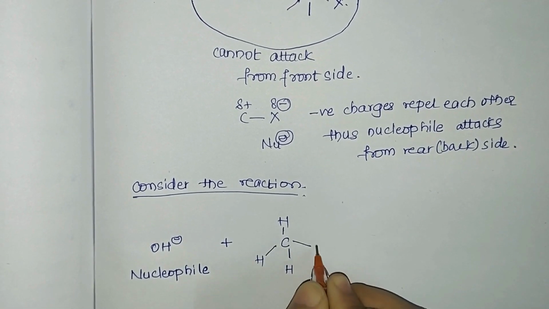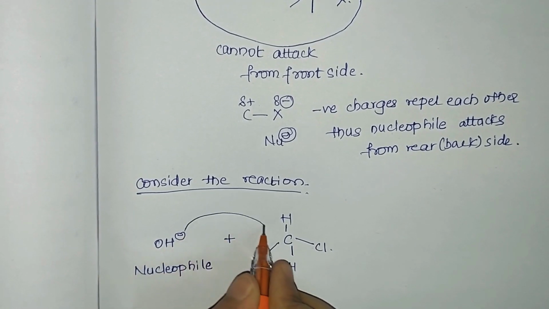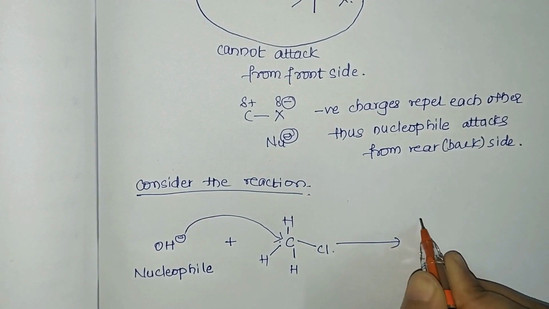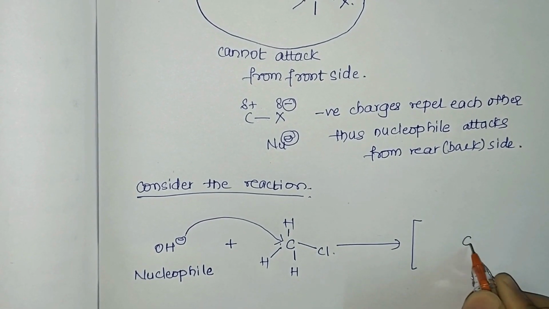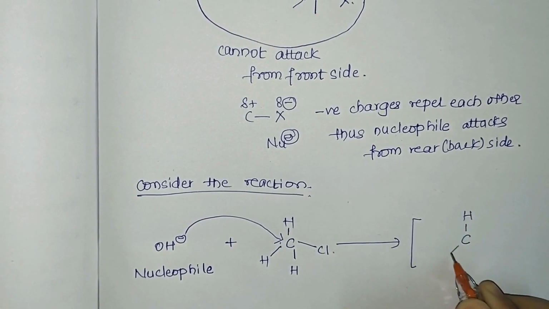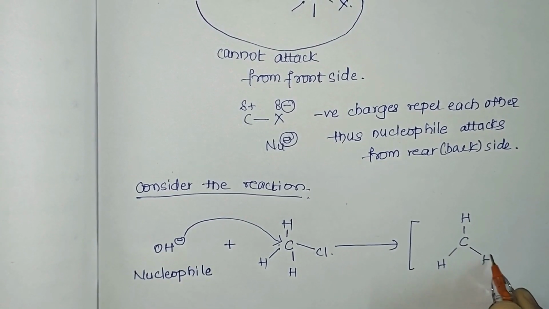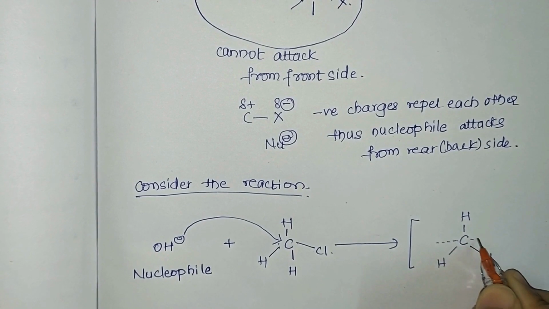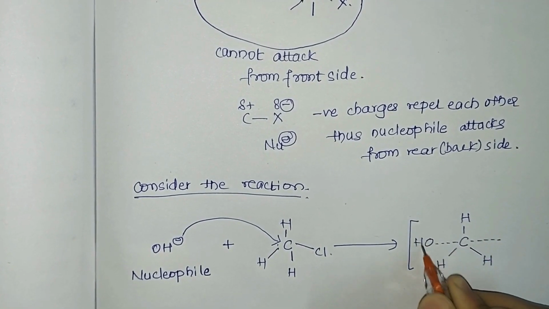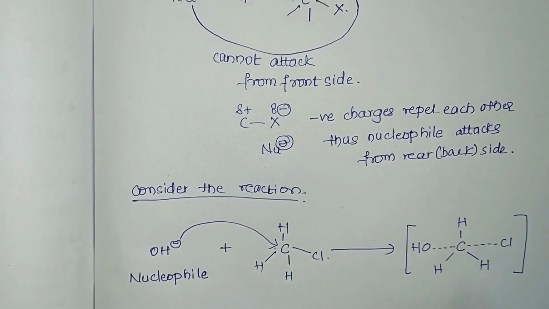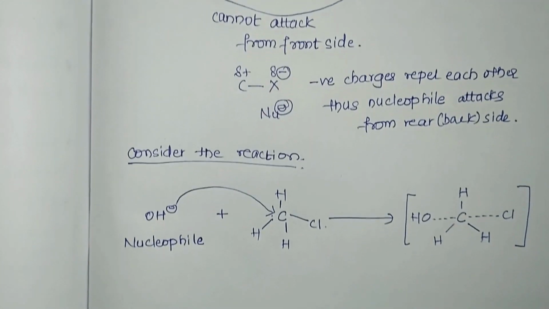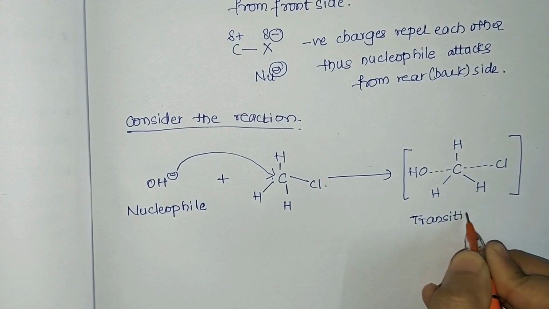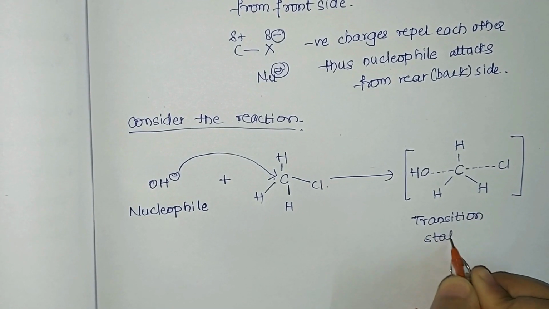I am considering a primary alkyl halide. I'll tell you the reason later. So the nucleophile attacks from the rear side, and when the nucleophile attacks, we observe that carbon attains a state which we call a transition state. That is, one nucleophile is getting attached to the carbon and the other has to leave the carbon atom. So OH is forming a new bond, Cl is the leaving group. This state we call a transition state, which is unstable.